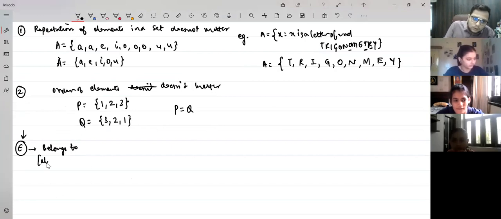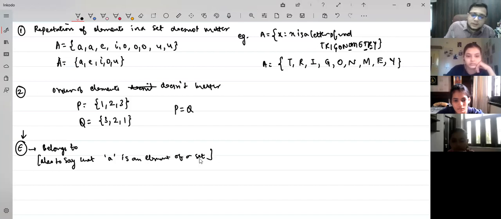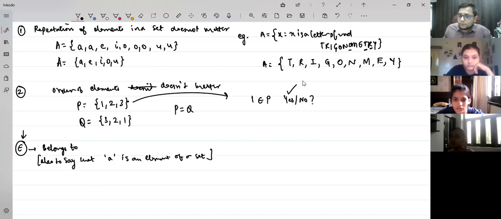Also, to say that a is an element of a set. For example, I am writing in this case 1 belongs to P. Yes or no? True.